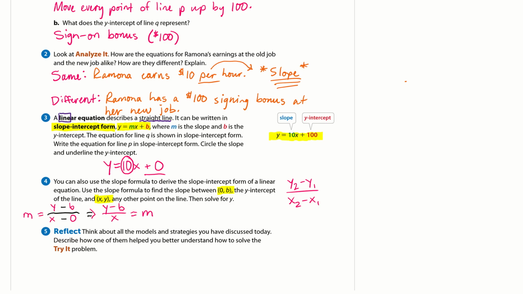All right, so I've got here on number 4 probably as far as you were maybe able to make it. If you didn't make it this far, that's okay, because this is kind of a difficult thing that it's asking you to do. So you can see I kind of forgot to give you the m equals there. So good for you if you figured that part out. But you should have m equals y minus b over x minus 0.